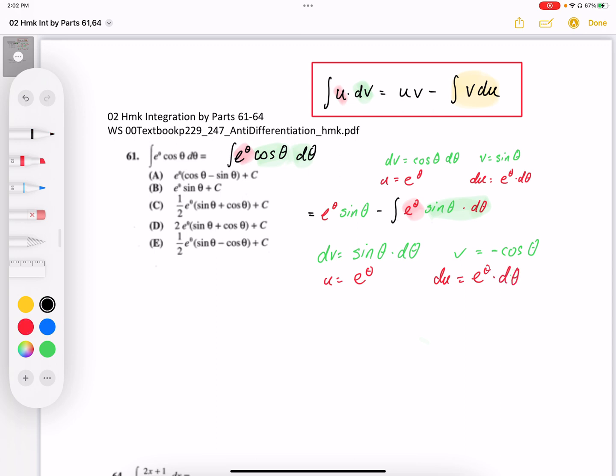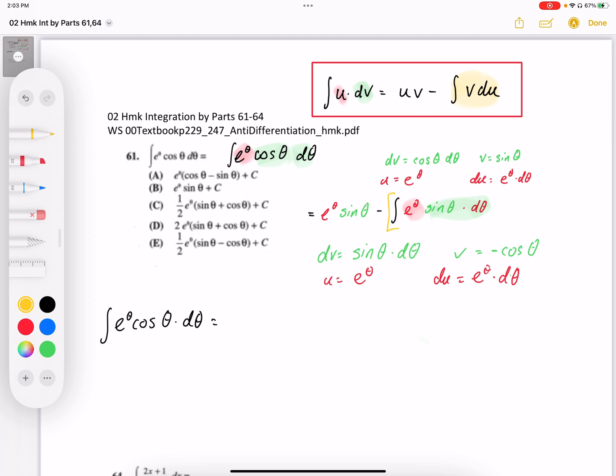Okay, so I have all my parts now, and so I'm going to end up with my original integral e^θ cosine θ dθ, and that's going to be equal to uv. I need to make sure I have my original part, so I'm maybe just going to box this in.